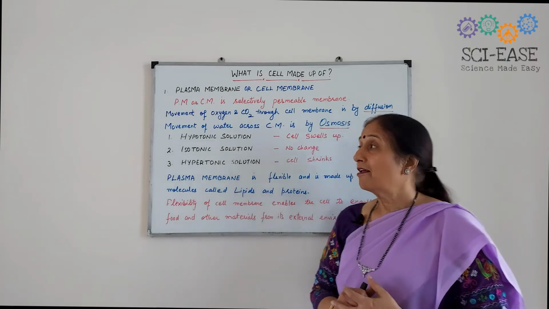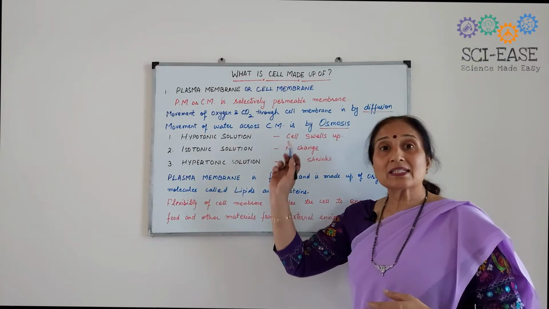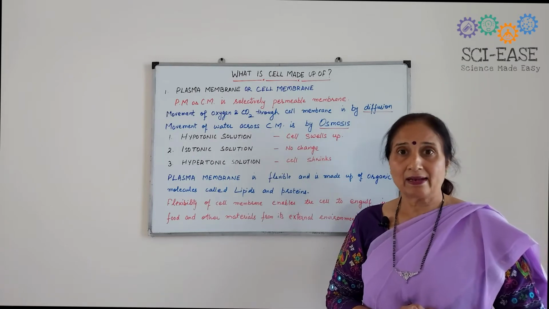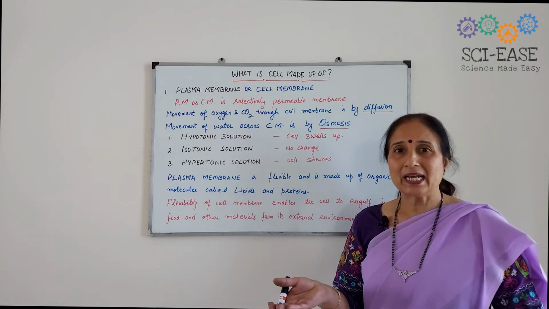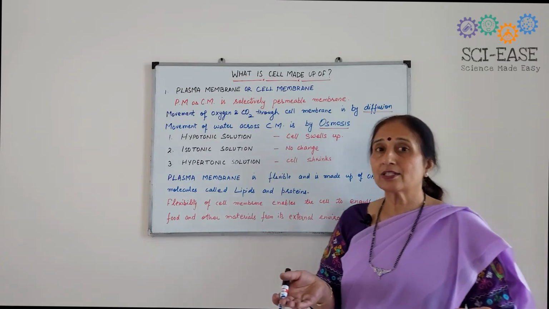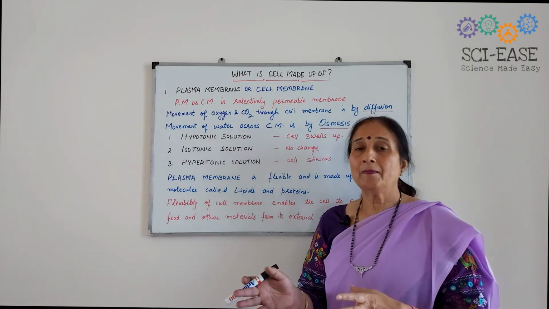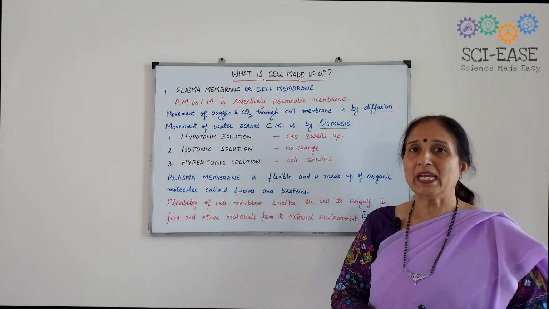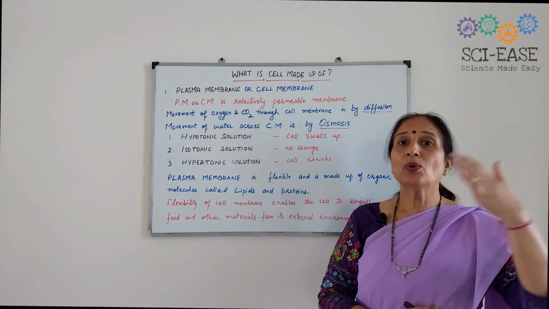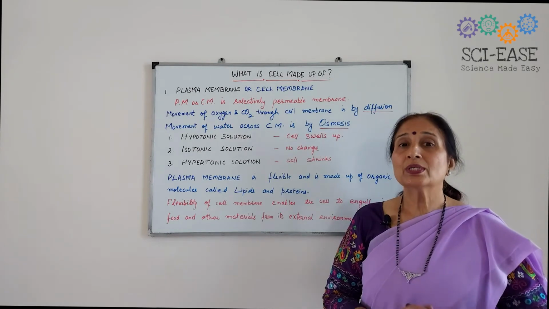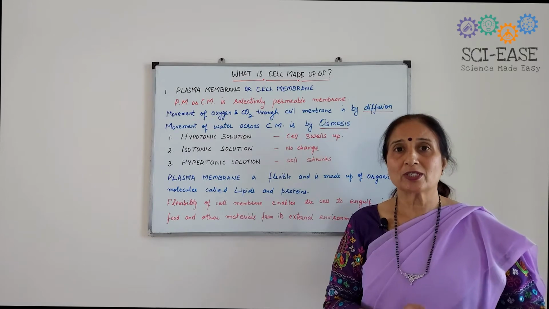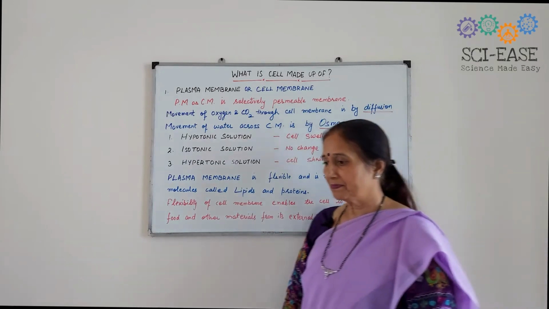This means when there is an excess of carbon dioxide in the cell, produced as waste, and its concentration is more in the cell than in the outer environment, then this carbon dioxide will go out through the cell membrane or plasma membrane by the process of diffusion.